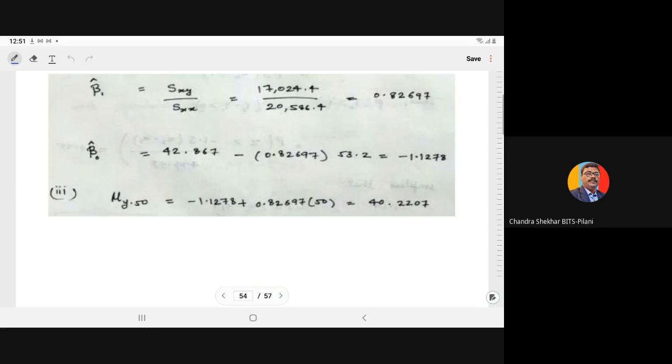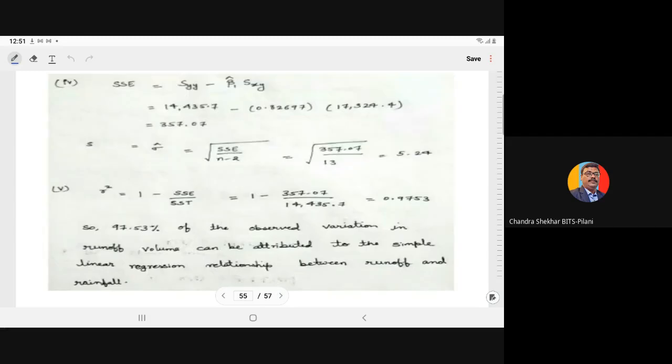Just put it in the regression line. So it will become minus 1.1278 plus 0.82697 into 50. That will give you 40.2207. So if in the locality the rainfall is 50 cubic meters, then 40.2207 will be the runoff.